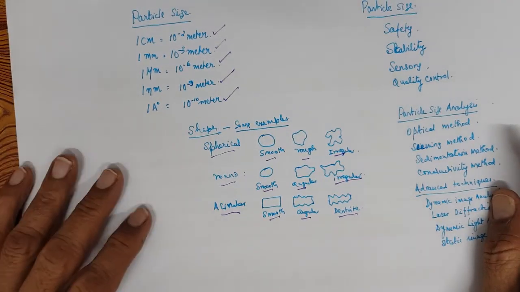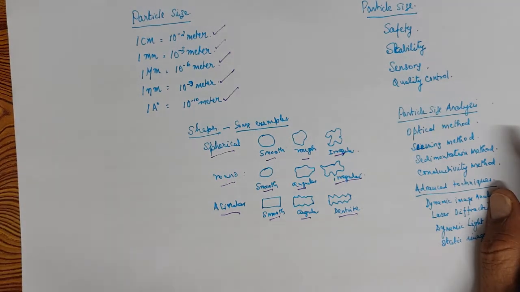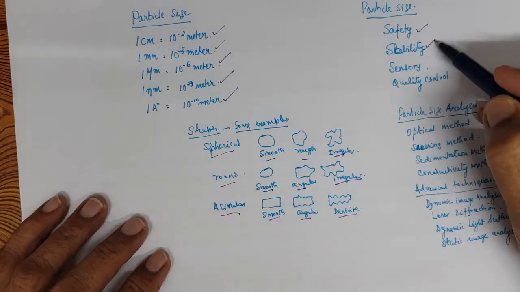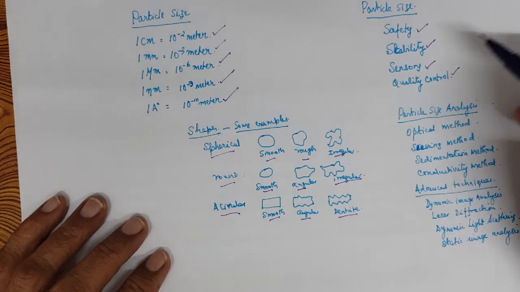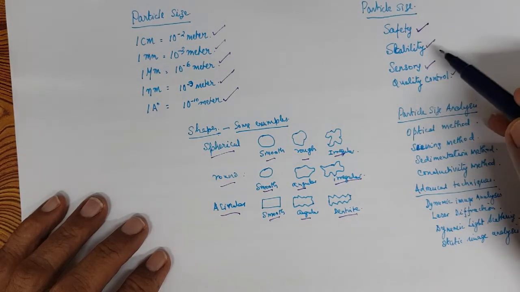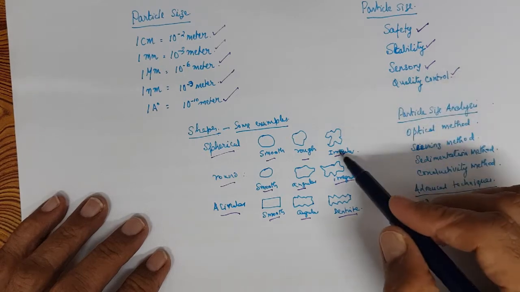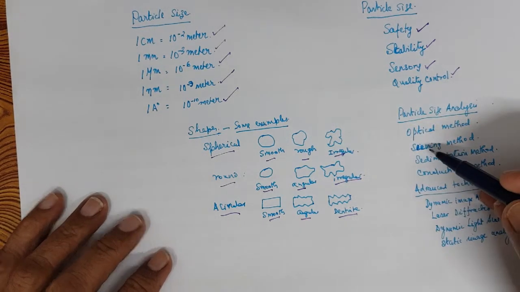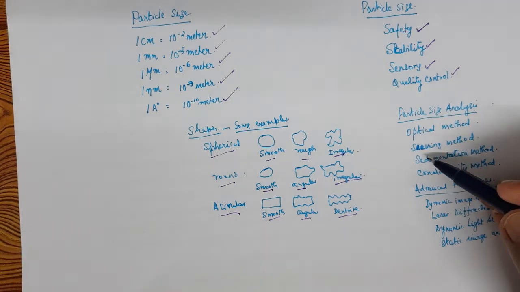So why do we need particle size determination, and also characterizing the shapes? It has to do with safety, stability, sensory and quality control. Safety, because, for example, if you use irregular particles in a scrub, a cosmetic product, it can injure the skin.